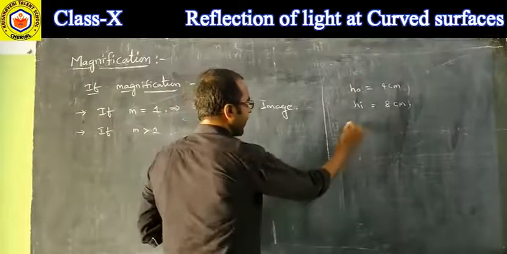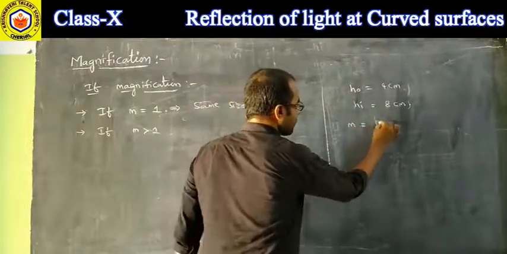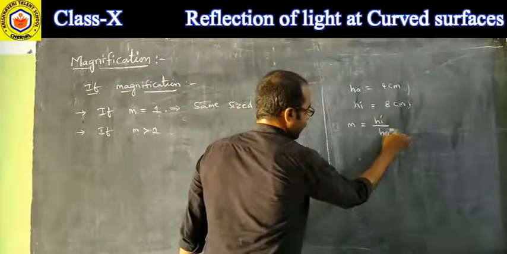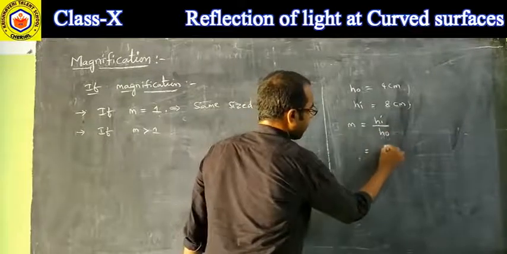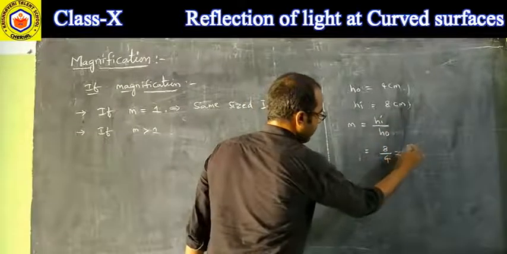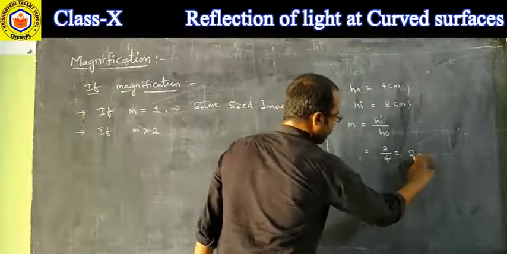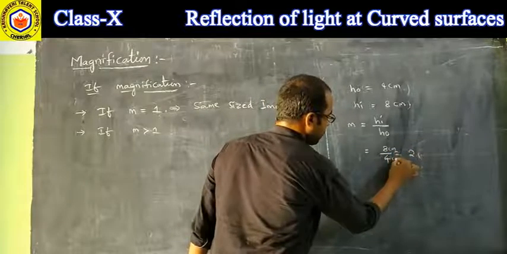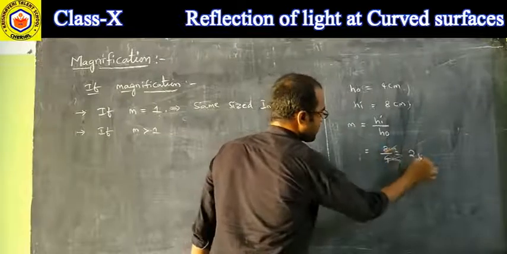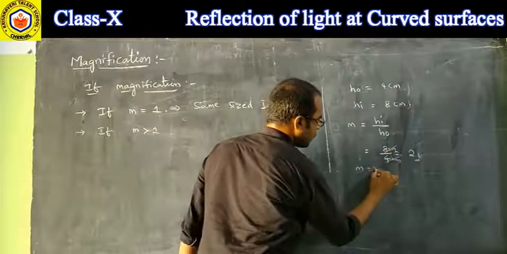Let us calculate the magnification. M equals Hi by Ho, 8 centimeters by 4 centimeters, the units cancel, and we get magnification value 2.